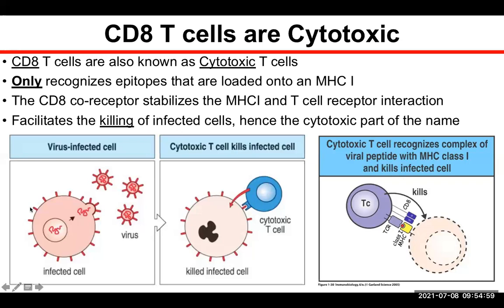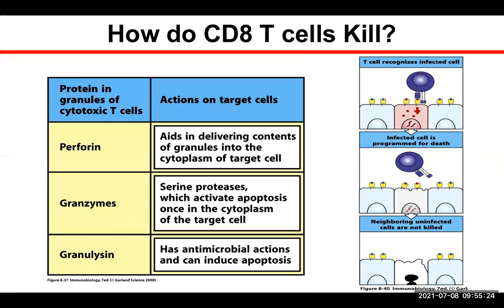Here we have a viral infected cell making more viral particles, and then the cytotoxic T cell is going to perform this interaction and end up killing the infected cell. If you kill the infected cell, then the virus or whatever it is no longer has a home to replicate. So how do CD8 T cells actually kill these infected cells?